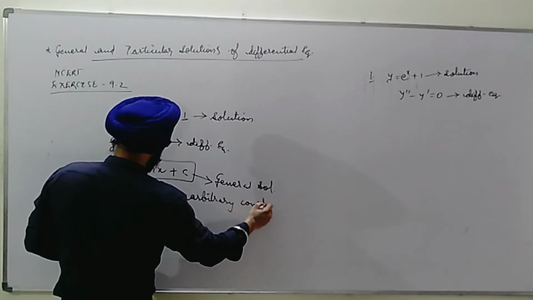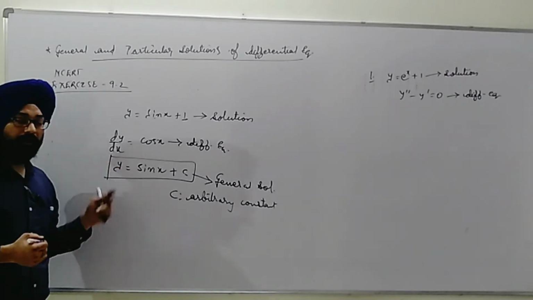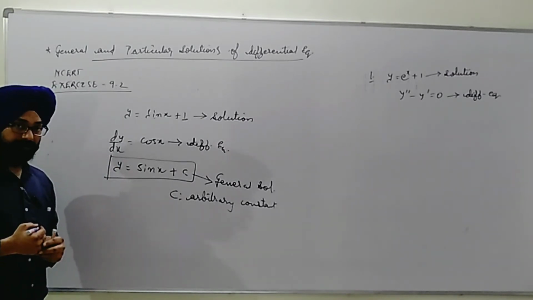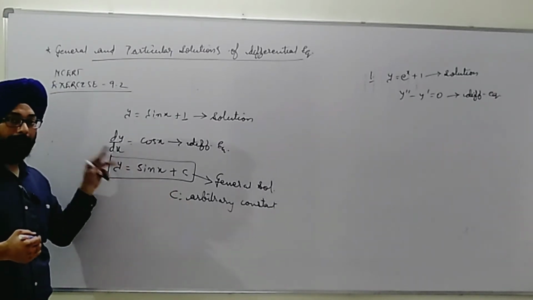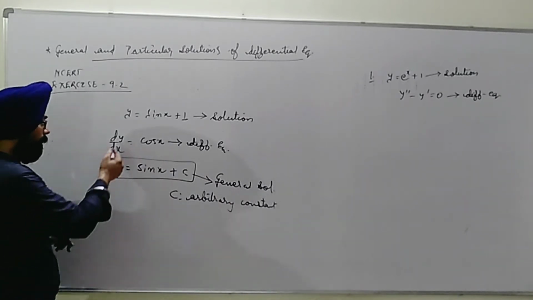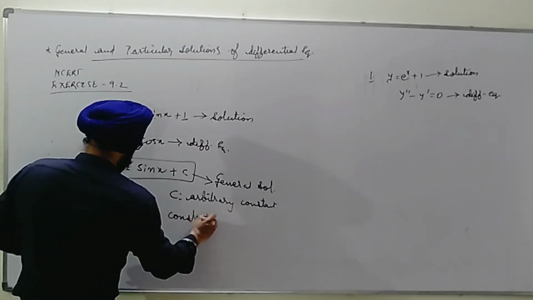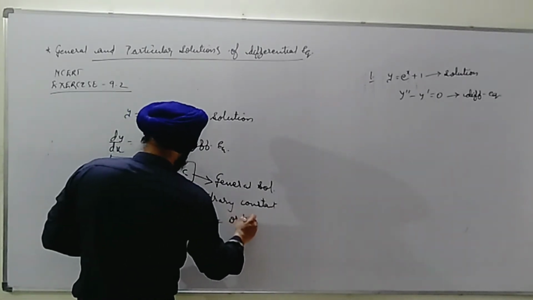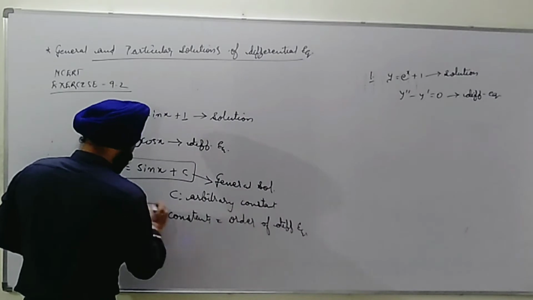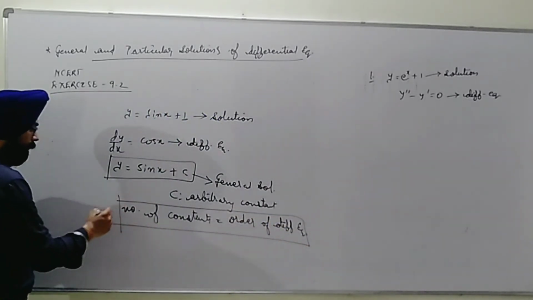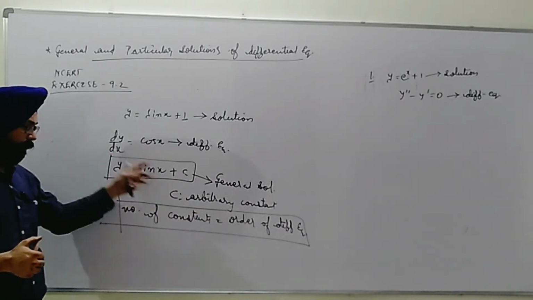Not only this, the number of arbitrary constants in the equation depends on the order of the differential equation. Keep in mind, the number of arbitrary constants in the solution will be equal to the order of the differential equation, whatever the order. It was 1, so 1 constant.